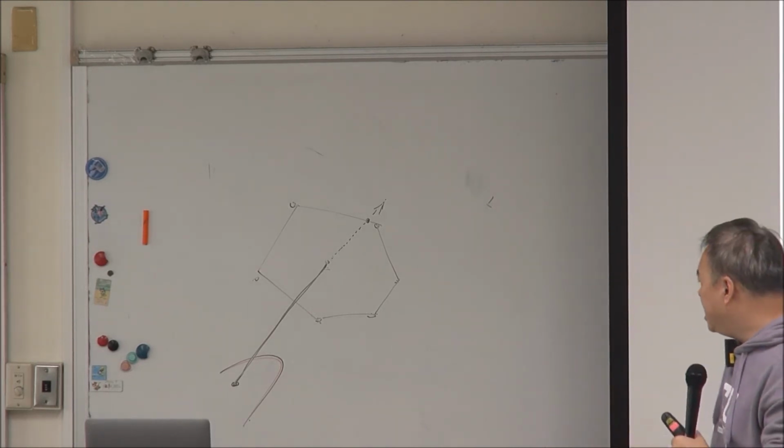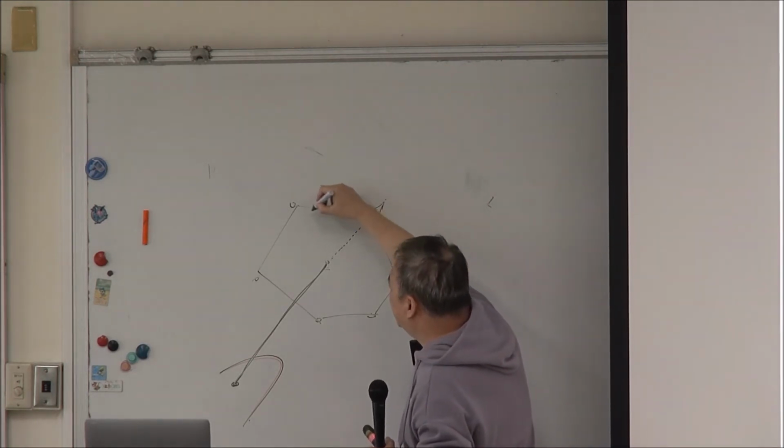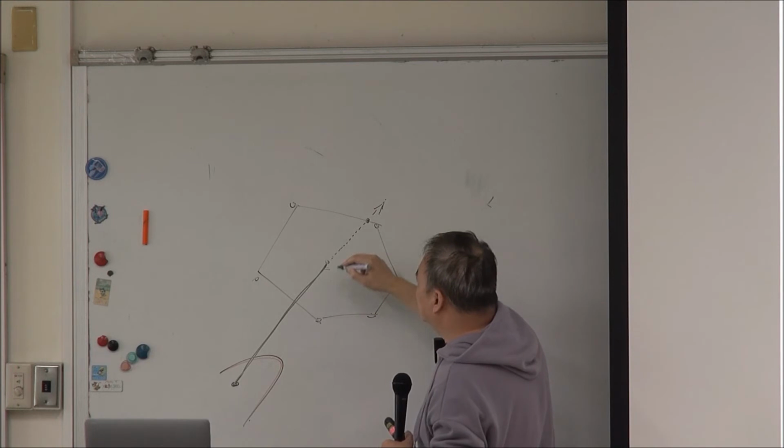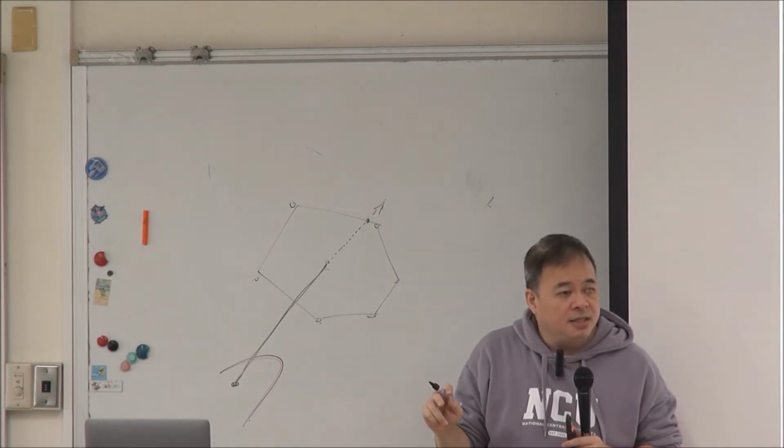It may intersect an edge or a node in the Voronoi diagram, right?